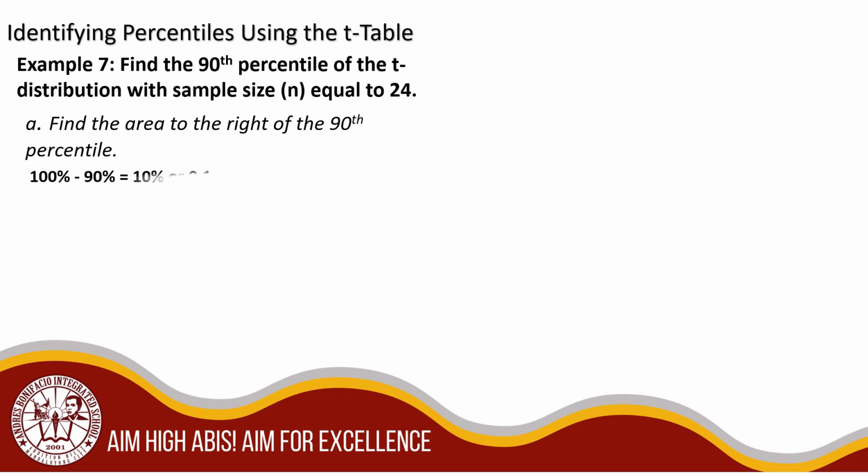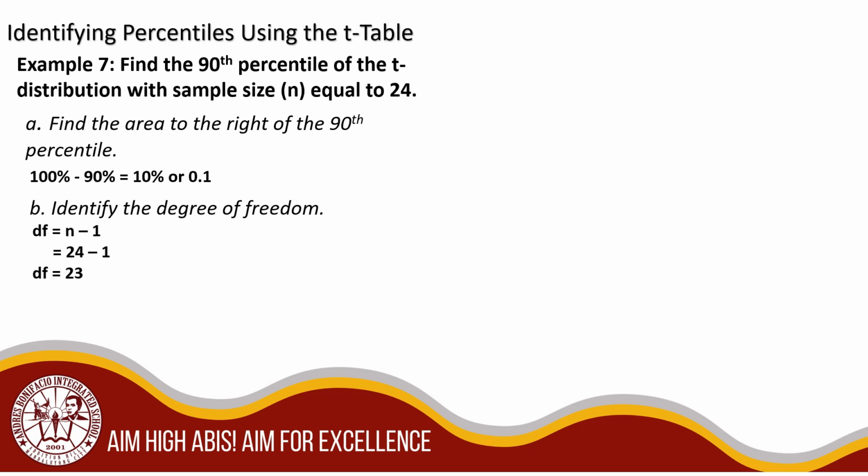So that is 100% minus 90% is equal to 10%, or converted to decimal, that is 0.1. And of course, we have to identify the degree of freedom. So our n is 24, so degree of freedom is equal to 24 minus 1 is equal to 23.